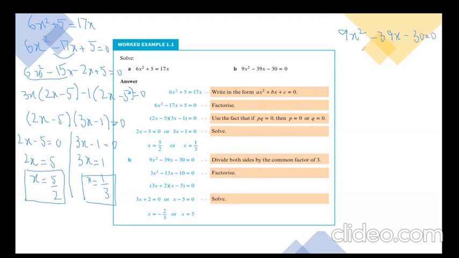So in this case, 9x square minus 30x minus 9x minus 30 equals 0. So 3x common, that is 3x.